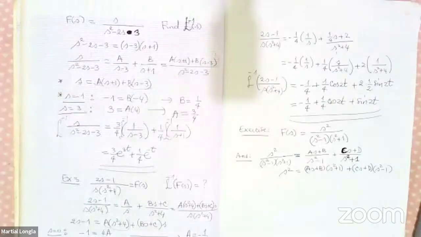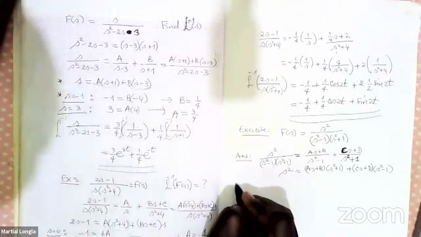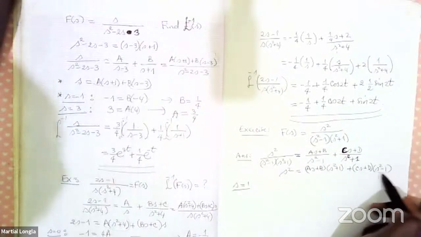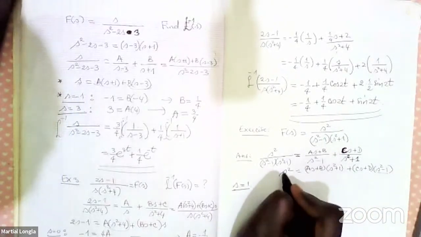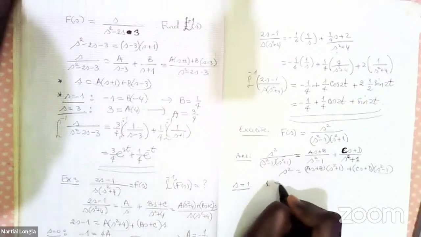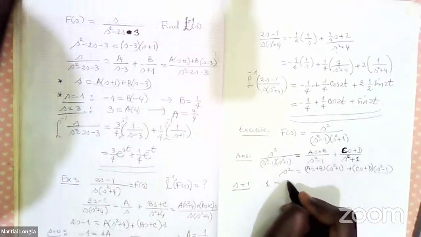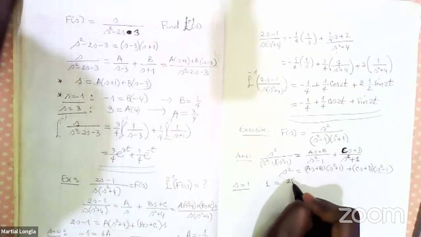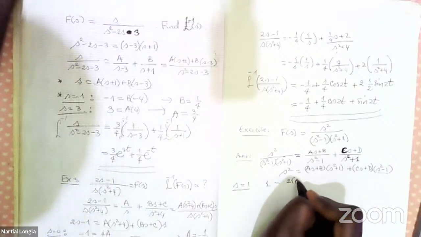That's what you get. And now you plug in the numbers that make these things 0. Here, the numbers are 1 for s squared minus 1. When you plug in 1, you get 1 equals 2 times (a plus b).